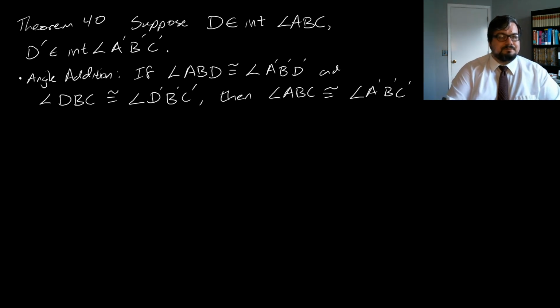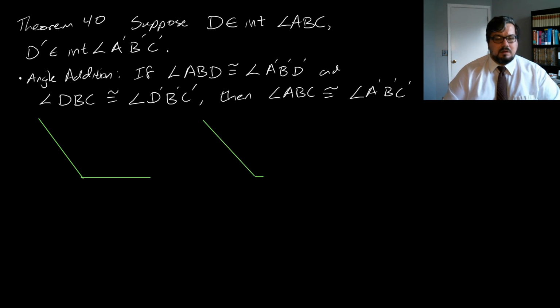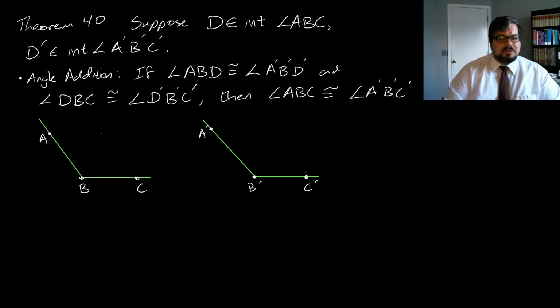Let's look at the picture. We've got A, B, C, and then A prime, B prime, C prime, and then we're told that D lies in the interior of the first angle, D prime in the interior of the second angle.